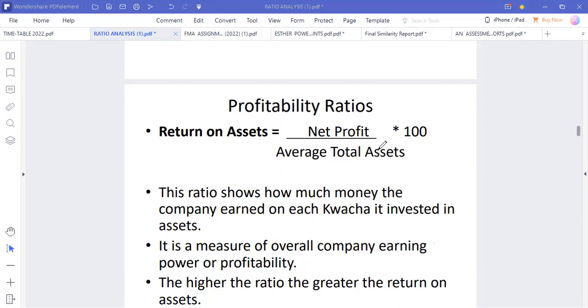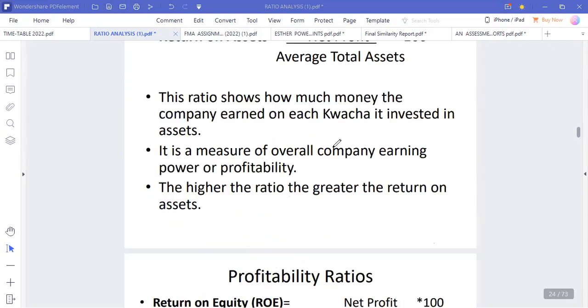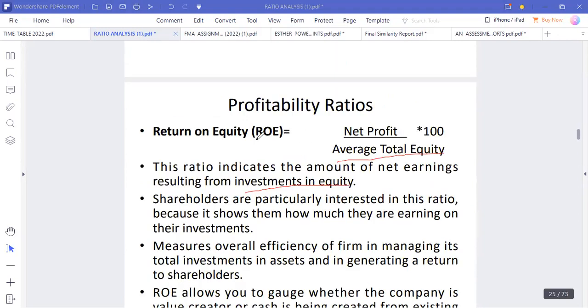This one basically looks at the contribution that assets have towards generating what? Our net profit. And also we have what we call the return on equity, which is net profit over the total equity. It simply gives the ratio of the net earnings that result from the equity: how much of this equity contributes to the net profit or the net earnings.